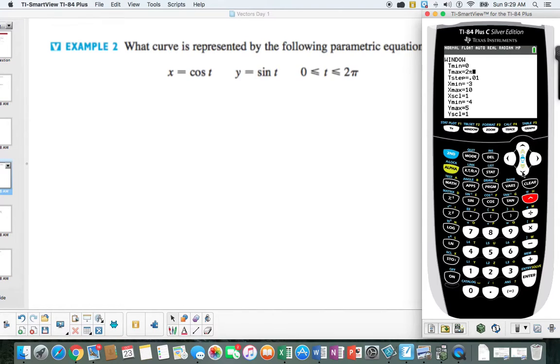And I'm going to do -2 to 2, and then -2 to 2, and I'm going to go ahead and graph.